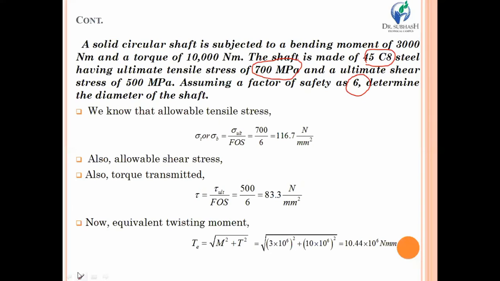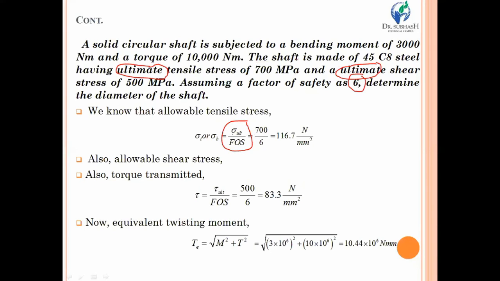So first of all, before solving this example, kindly look at the factor of safety that you have been given, and along with it, you have also been given the ultimate shear stress as well as the ultimate tensile stress. So first of all, you should convert this ultimate shear and ultimate tensile stress into the permissible range. How? It's very simple. Just divide the ultimate shear and tensile stress by the factor of safety.